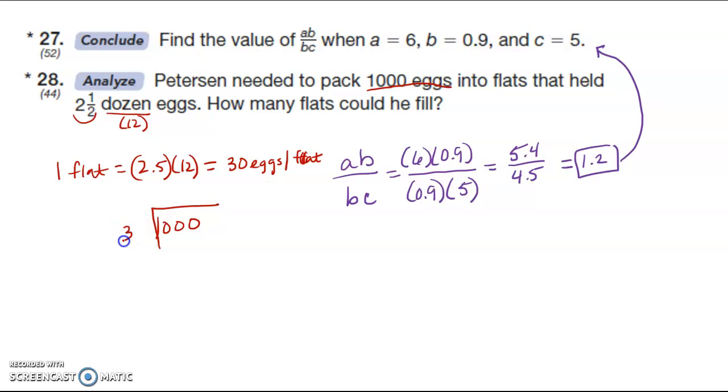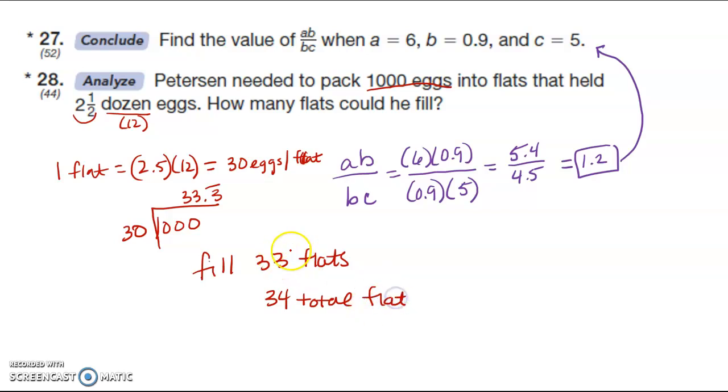If I divide this by 30, well, it's not going to go in evenly. I get 33.3 repeating. So he's going to fill 33 flats. If he needs to ship all of the 1,000, he's going to need 34 total flats. That last one is not going to be filled. But it says how many could he fill, so this is your answer.